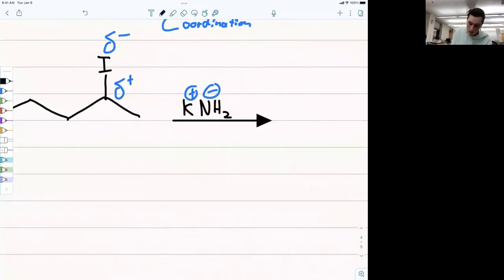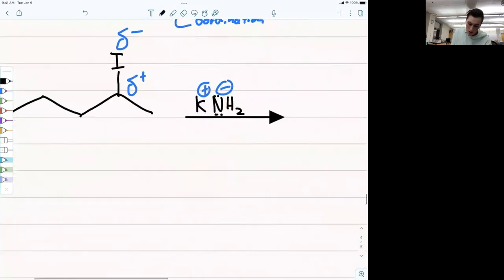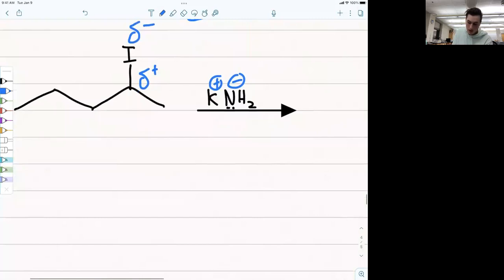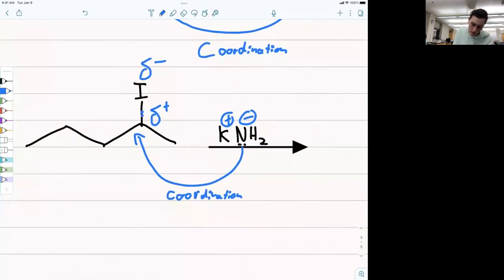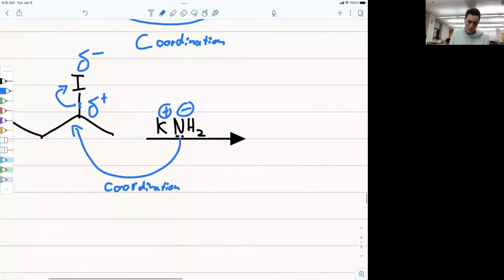So what will happen in this case is nitrogen has just one set of lone pairs here. And it's going to come in with coordination. And then in this case, we're going to see heterolysis.